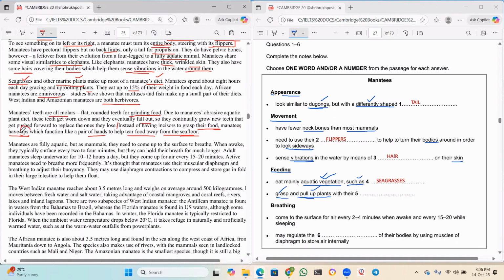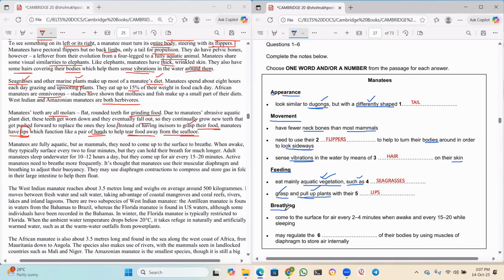You see these lips? Lips which function like a pair of hands to help tear food from the sea floor. Yes, grasping their food and to tear the food away from the sea floor, they are using their lips. So that is our answer. All right. Okay, let's move ahead.